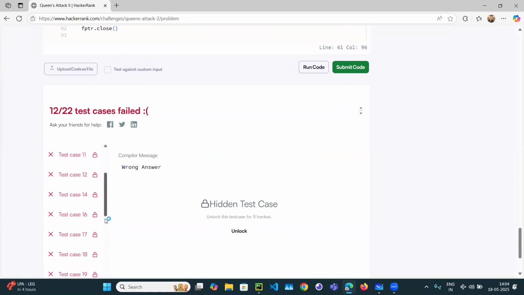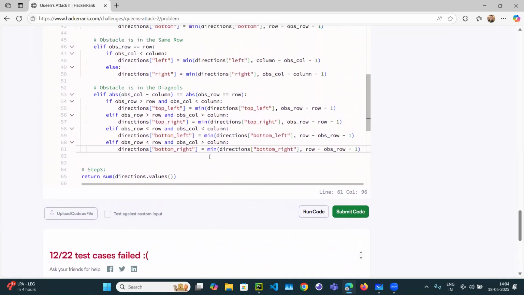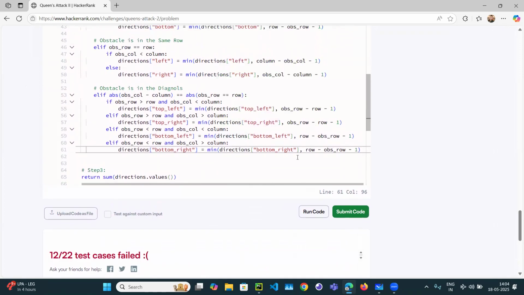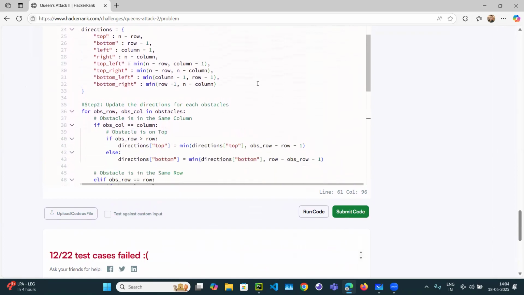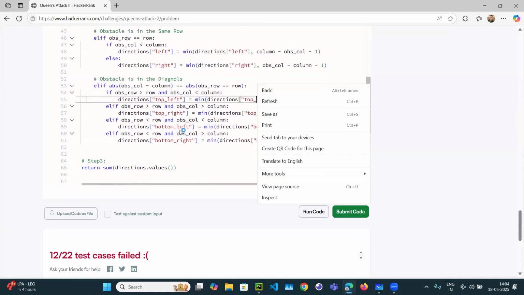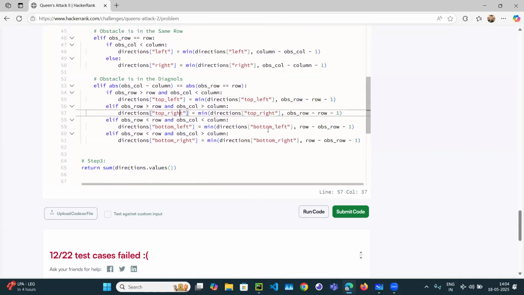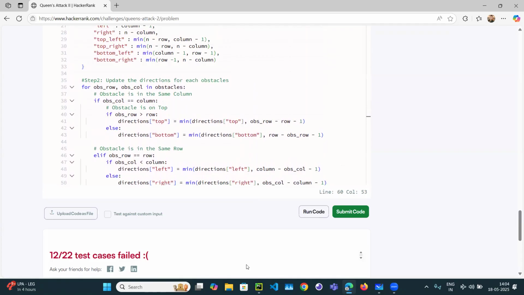We probably made some mistake somewhere. Where is the mistake? There should be top left, top right, bottom left, bottom right. Let me try to figure it out, and we'll come back to you.